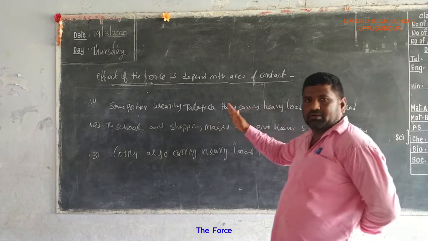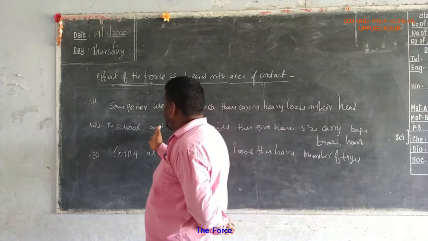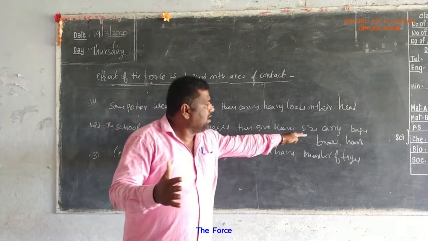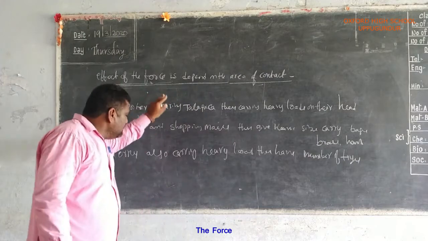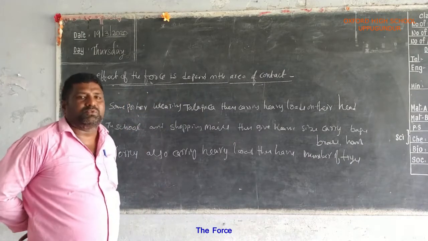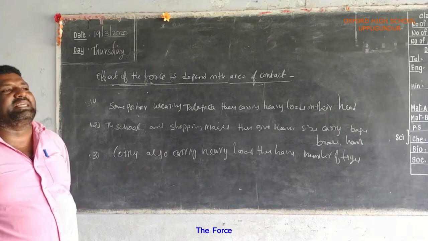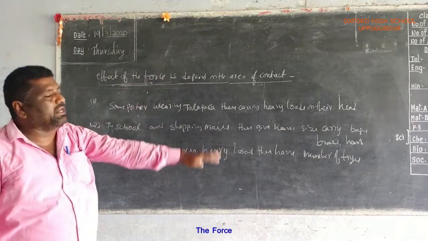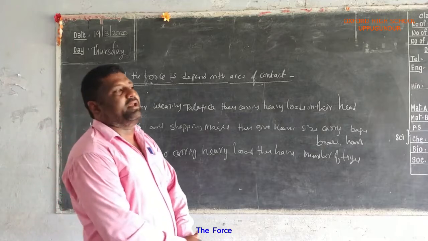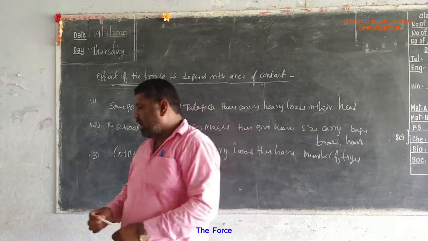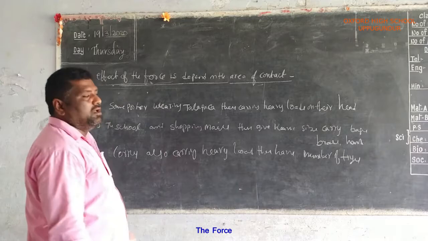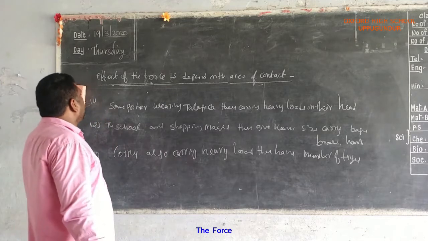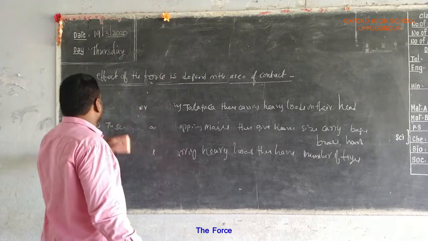The school and shopping malls give heavy size carry bags with broad hands. So the effect of force depends on the area of contact. Are you all understanding? Now I will do some more examples on the effect of the forces.